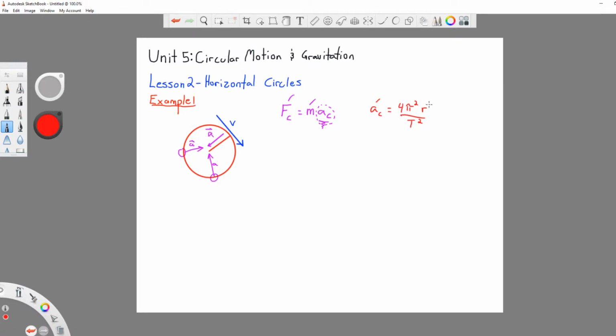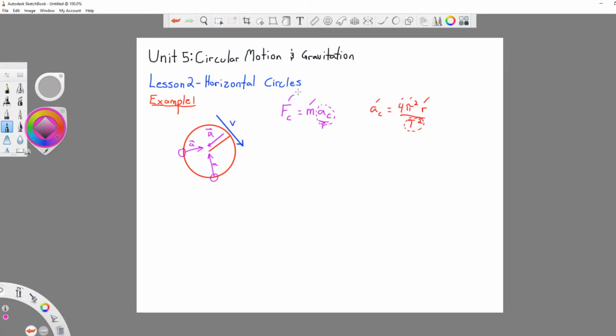We are given the radius, and we are looking for the time for a revolution, or the period. These are just absolute values. So essentially, if we solve for a_c, we can plug it into this formula and solve for the period. That's our game plan. So let's see if we can pull that off.